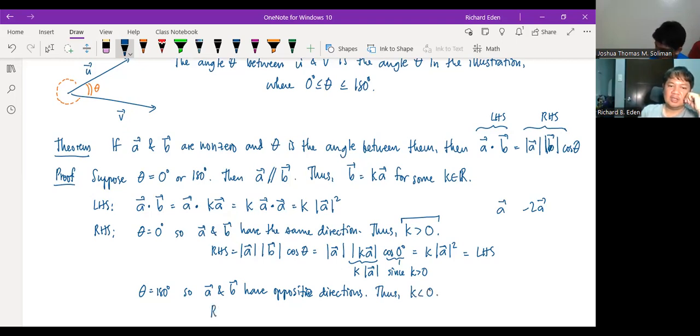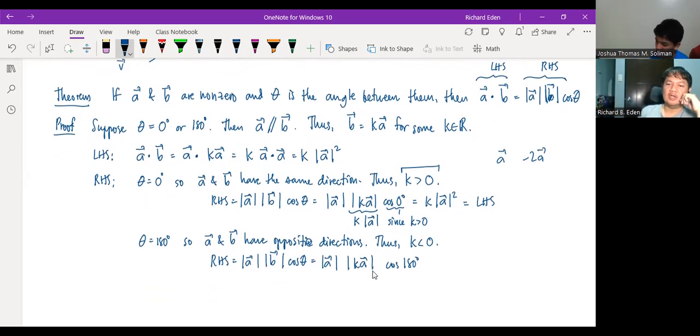All right, so let's have a look at the right-hand side. Length of A, length of B, and then cosine theta, length of A, and then, well, still length of KA, but then cosine 180 degrees. Now, cosine of 180 degrees is -1.